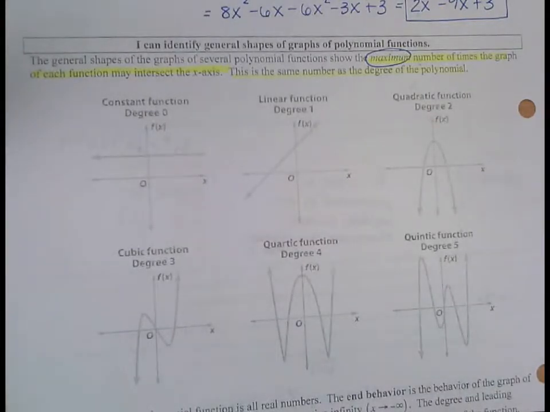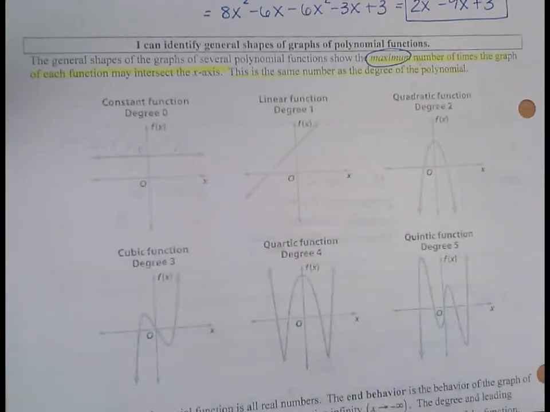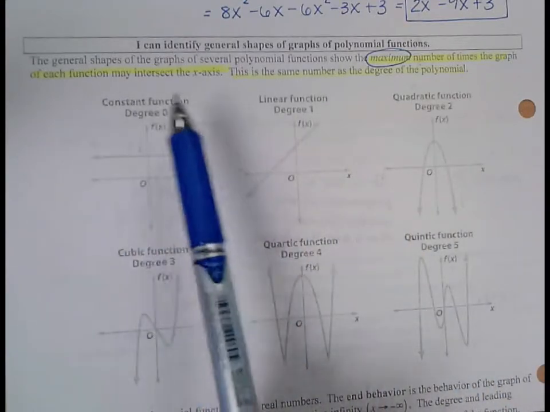It could only intersect the x-axis, in which case that would be once, or it wouldn't have to intersect at all. So a quadratic function, we talked about how that is a polynomial. The degree is 2. So the maximum number of times it could cross is 2, but it doesn't have to cross that many times.